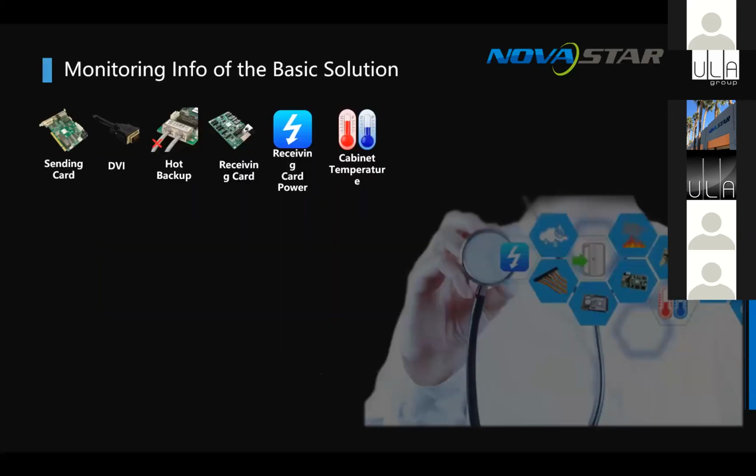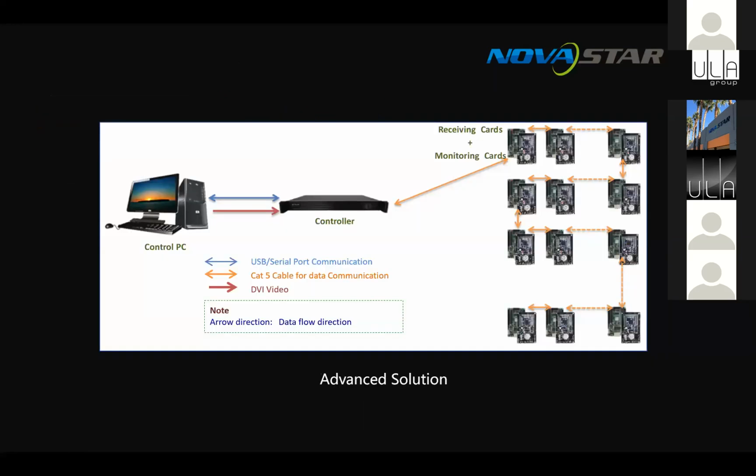The standard thing, which most of you are going to have with your basic setups, if you click on that monitoring tab, you'll get a sending card, you'll get DVI, and you'll know whether or not you've got redundancy. Then the next step up is if you get a monitoring card added to that panel.